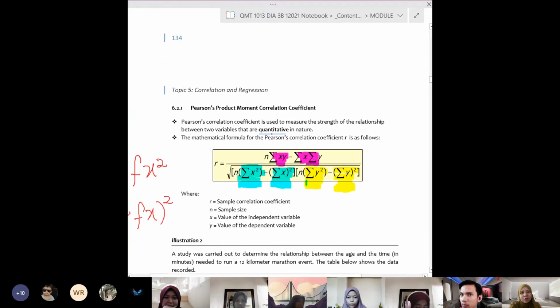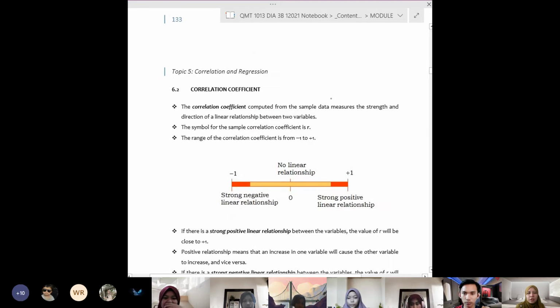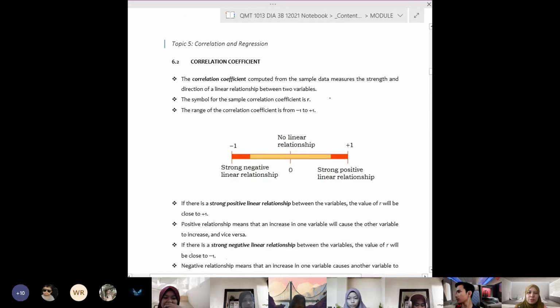This is the one which is the correlation coefficient. The first method of trying to find out the relationship between the variables, which we have just learned, is looking at the scatter diagram, by observing the scatter diagram. So that is one of the techniques.